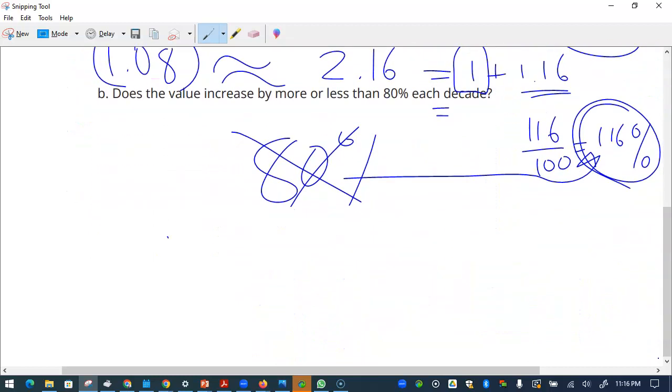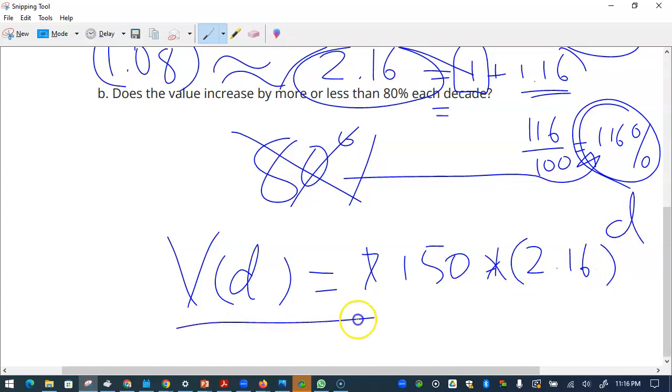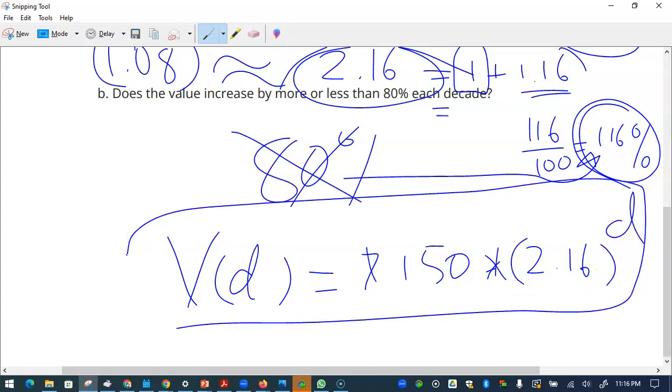So if I want to write the value in decades, D, you could write the original, I think I took, what did I take? 150, okay. So this is 150 times, now I have a new formula. This is the growth, 2.16 raised to D. So this is how you do it if it asks for decades. A decade is a group of 10 years, so every 10 years.